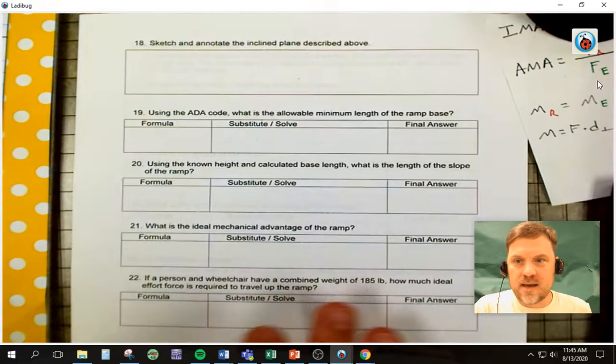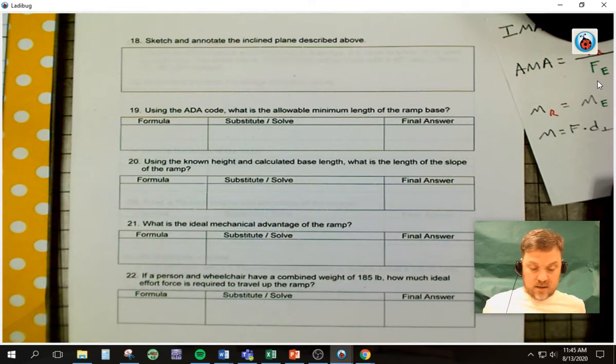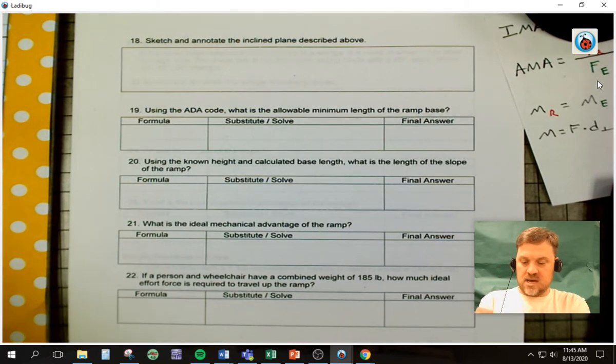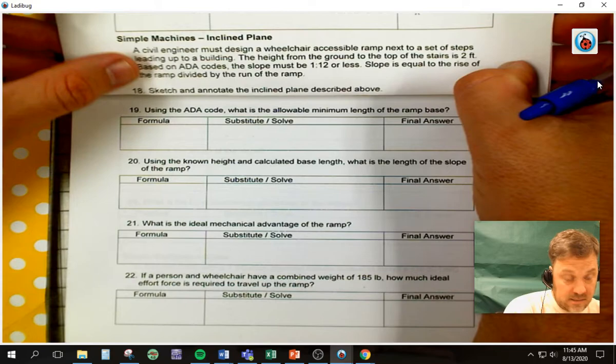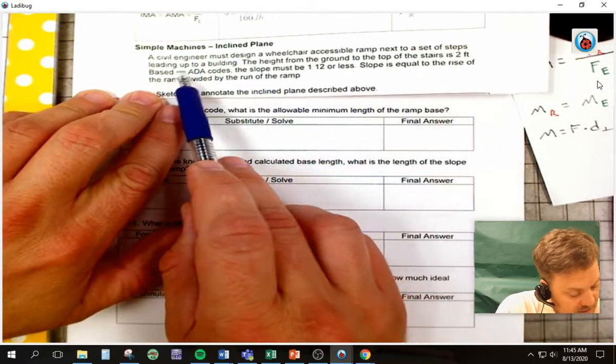All right, welcome back. Now we're going to be working 18 through, I guess, about 2022 here. And so we have a problem here on 18, and it cut off on my page, so I'll just read it. It says, a civil engineer must design a wheelchair ramp that is accessible next to a set of steps leading to a building.